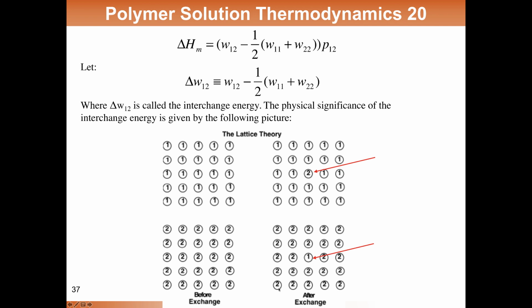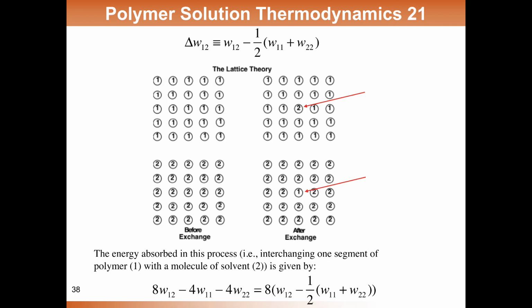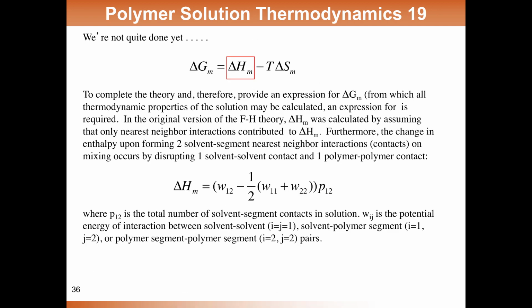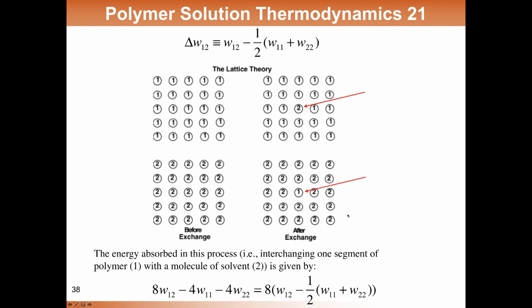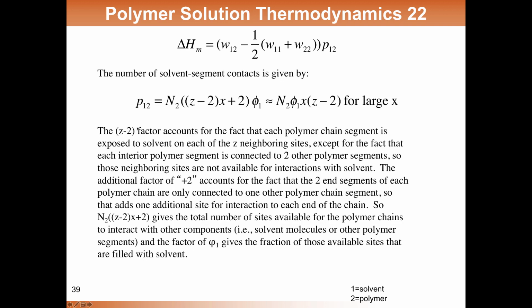And in this case, 8 would be the total number of solvent segment contacts around a given location in solution. And so the number of these solvent segment contacts then Flory wrote as being equal to the number of polymer molecules.